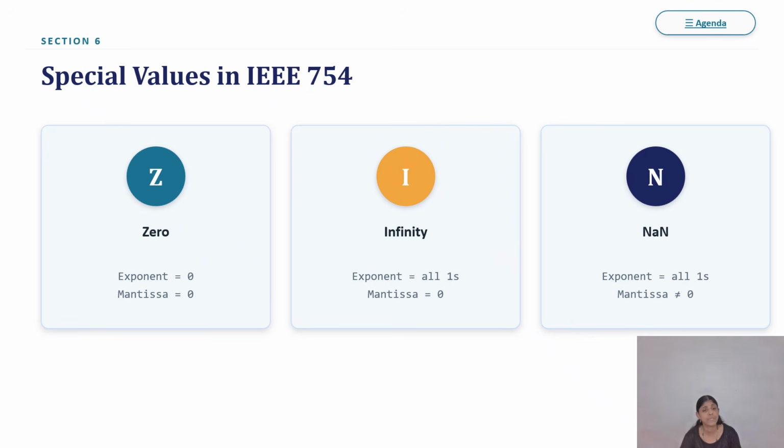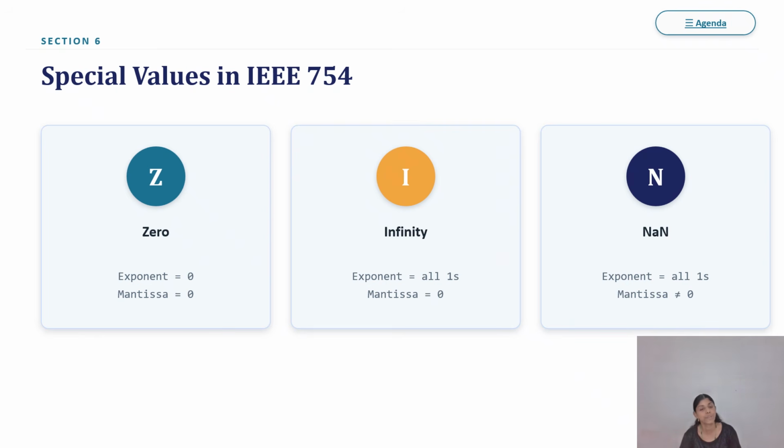Here, I will tell you some special values in IEEE 754. If your exponent is 0 as well as mantissa is 0, the value is 0, right? If your exponent is all ones and your mantissa is 0, it is an infinite value. If your exponent is all ones and mantissa is not equal to 0, it is NaN, that means not a number.